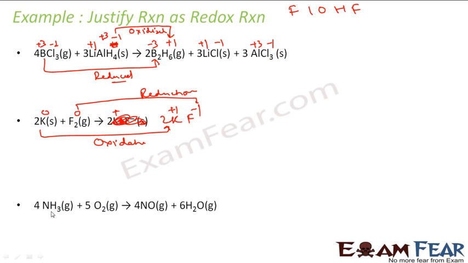Let's take this NH3 plus O2 giving NO plus H2O. H becomes +1, this becomes -3 nitrogen. This is 0 free state. NO, this O becomes -2, this becomes +2, this is -2 and this is +1. Now if you see, nitrogen from -3 became +2.